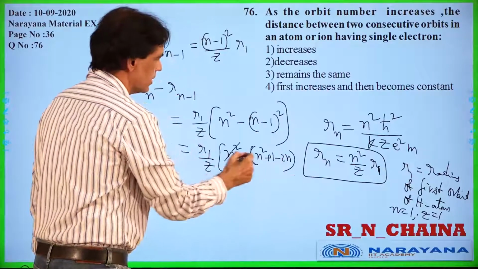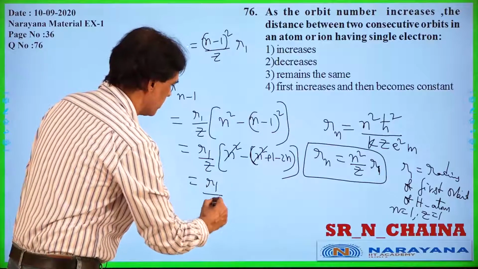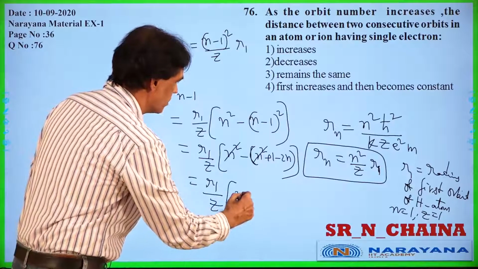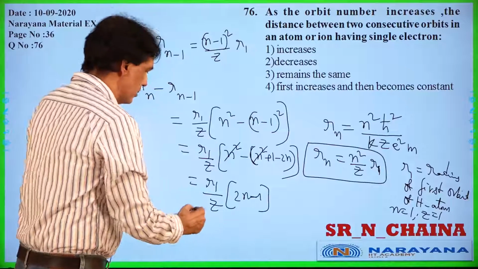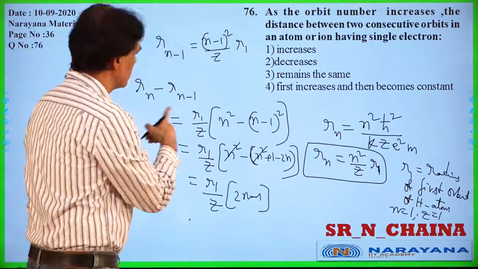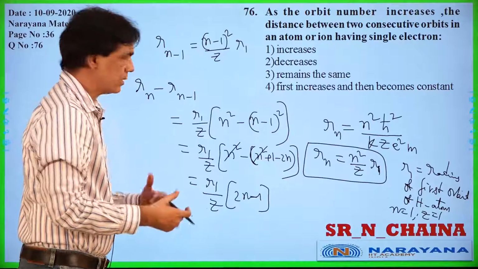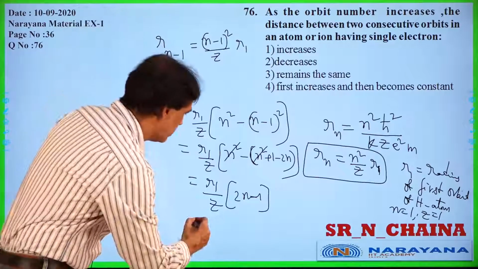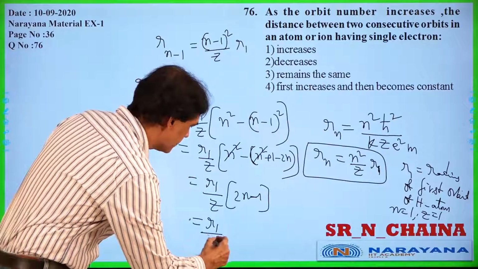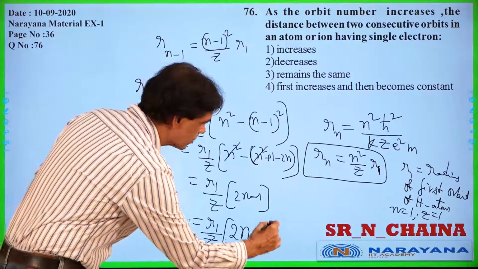Plus n square minus n square cancel out, and we'll be getting r1 by z into 2n minus 1. See this equation once again. This is nothing but the distance between the nth orbit and the n minus 1th orbit. So I got it as r1 by z into 2n minus 1, right?